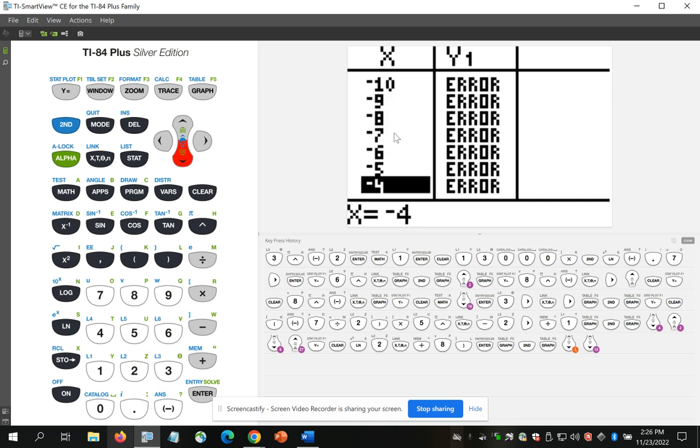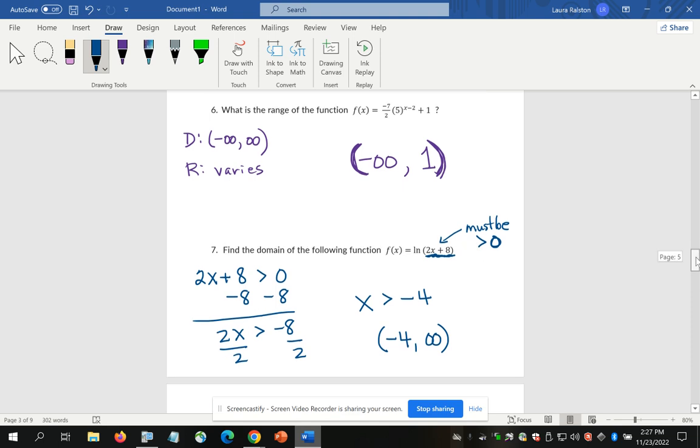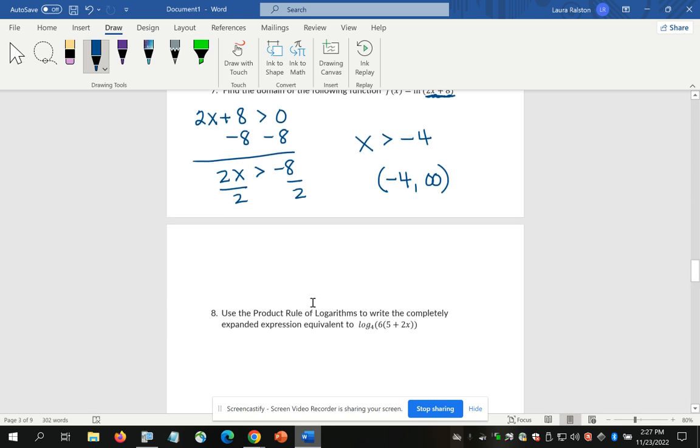I don't actually get a value until I hit negative 3. Even if it's equal to negative 4, I'm getting an error. So again, that helps you to recognize, oh, it cannot be exactly negative 4. Again, use your resources. But remember, the domain for a logarithm has to be positive. It cannot equal 0 and it cannot be negative. So you have to make sure that your expression is positive.